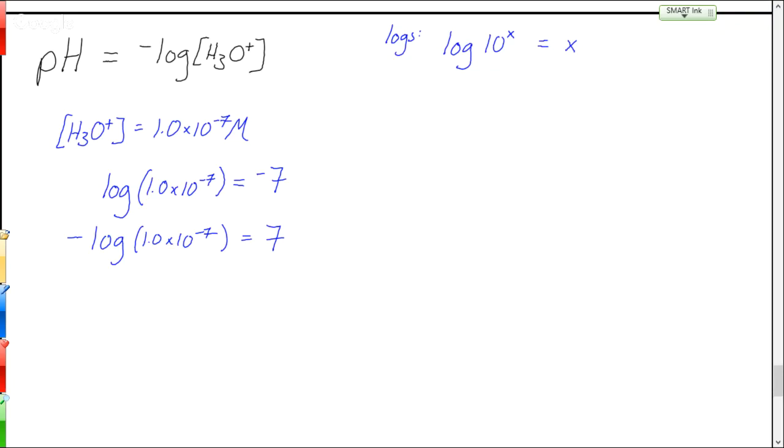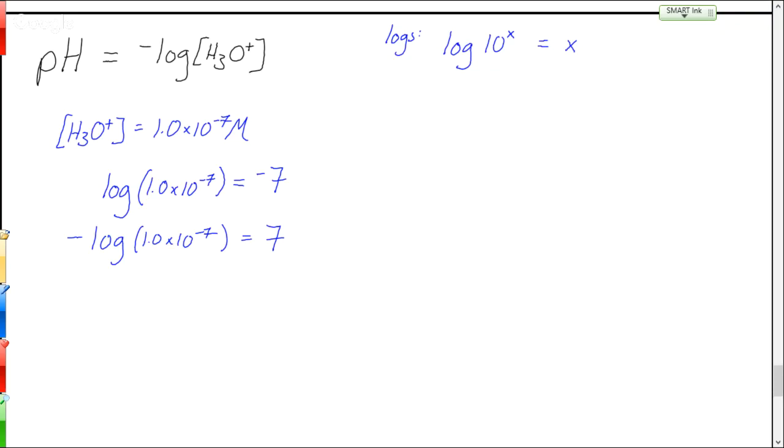We calculated this new thing called pH using the hydronium concentration for pure water, and we came out with the number 7 as the pH. And 7 is a much nicer number to deal with than 1 times 10 to the minus 7. That's what this is for, to give us that nicer scale.